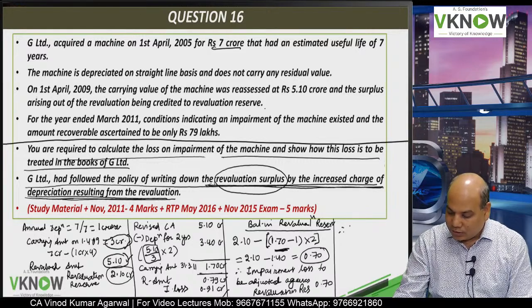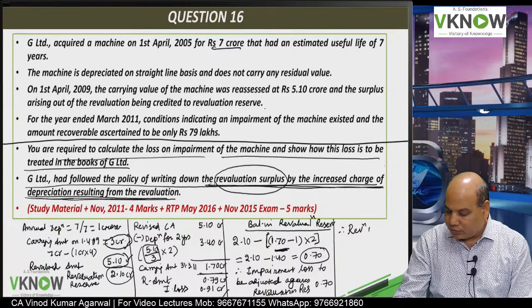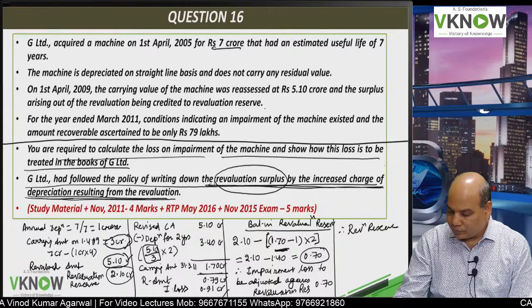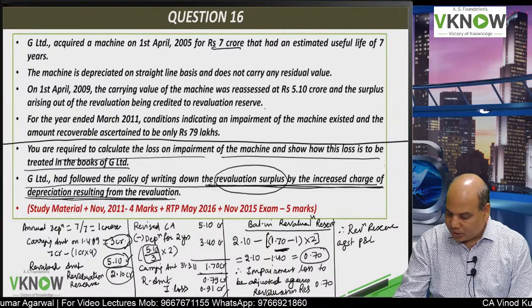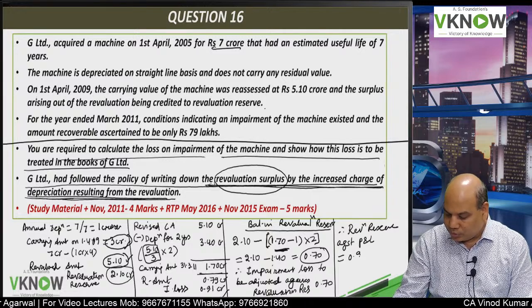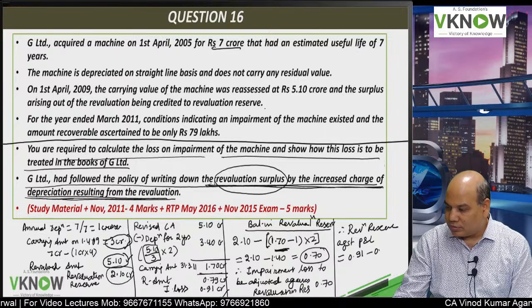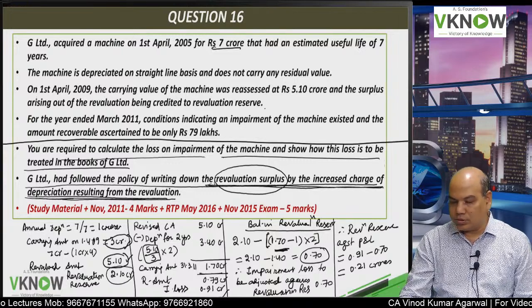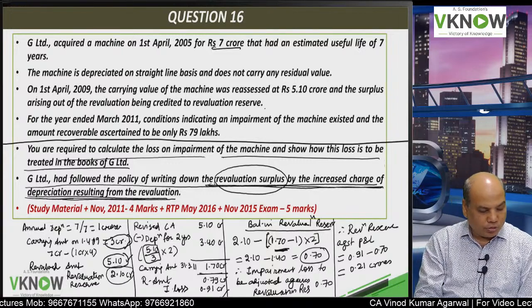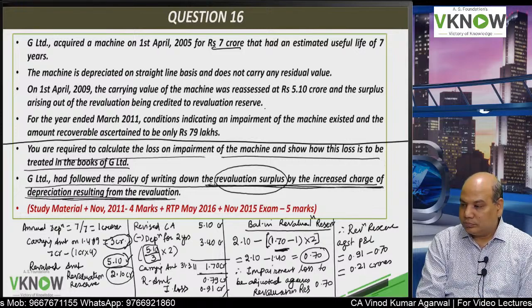And the last line: therefore, the amount adjusted against P&L account will be 0.91 minus 0.70, which is 0.21 crores. So that was a very good question.